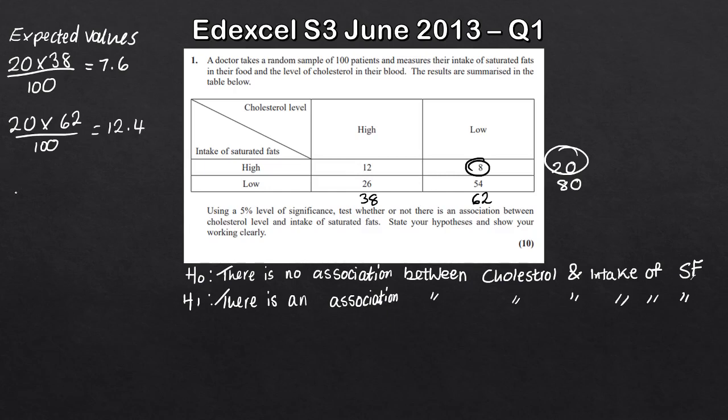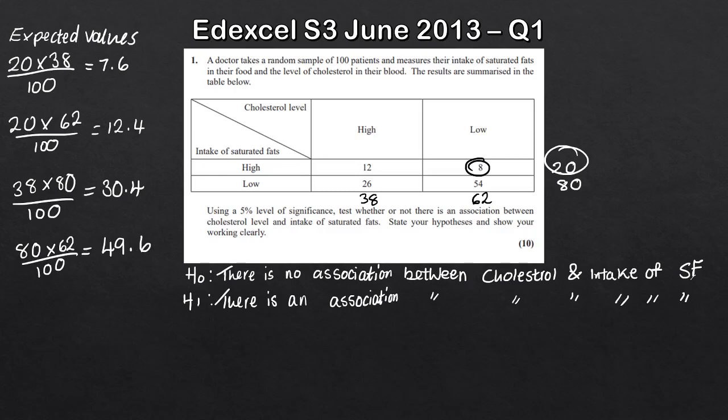So now working out the bottom left, it's going to be 38 times 80 divided by 100. That'll be 30.4. And now finally working out the last one, 80 times by 62 and divided by 100, which gives us 49.6 there. Okay, so we've got our 4 expected values.